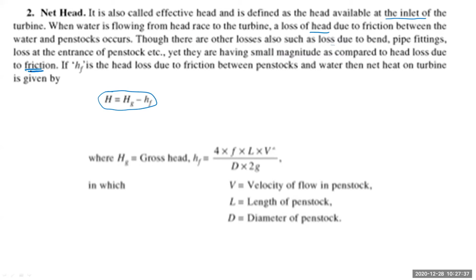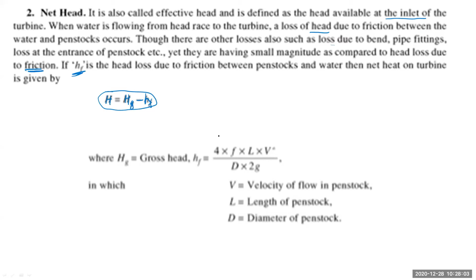This is why we call frictional loss the major loss, and losses due to pipe bends, pipe fittings, entrance and exit are minor losses. So we consider loss of head due to friction. We subtract that Hf from this Hg, and you will get the net head available at the turbine.